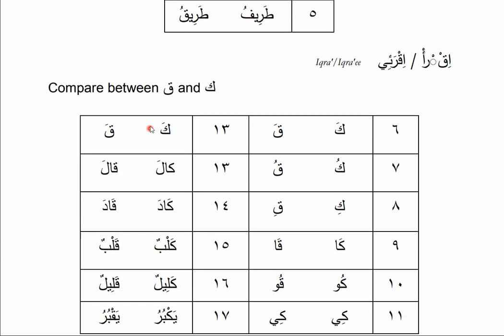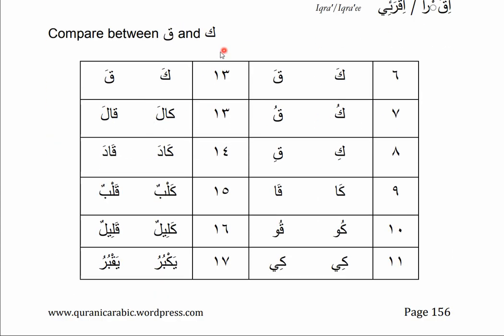Now here there is a difference between light kaf and heavy qaf. So here ka, qa, ku, qu. Here you can really get a feel of the hard part of the roof of your mouth and the soft part near the epiglottis. If you pronounce ku, you can see the deep part of your tongue is touching the end of the roof of your mouth.